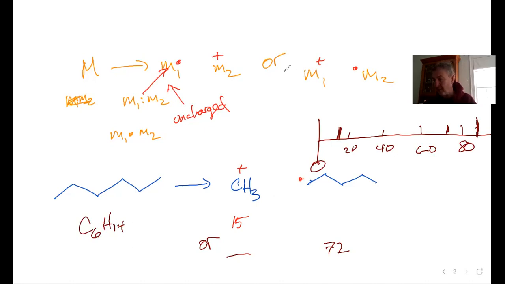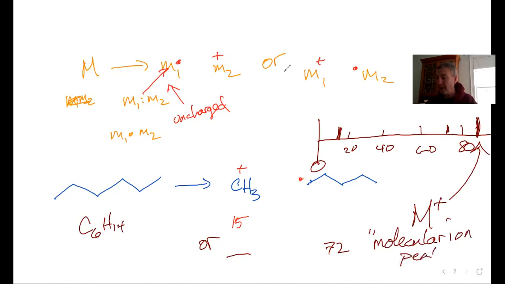We get a peak there. And that is the peak of the charged particle itself, which we're going to call the molecular ion peak. And that should be intuitive, right? The peak that is the molecule is the molecular ion peak.